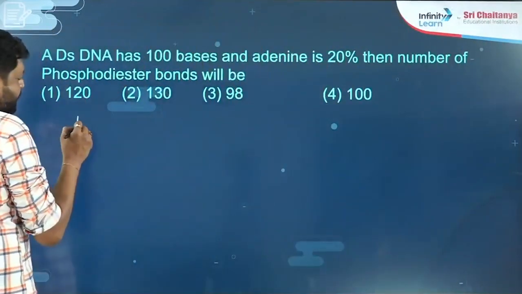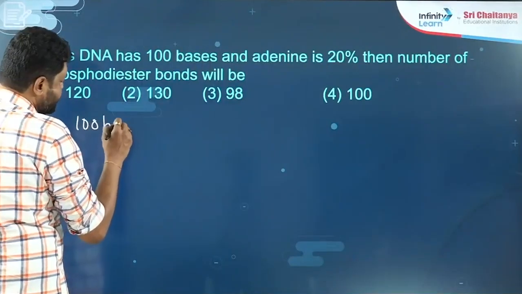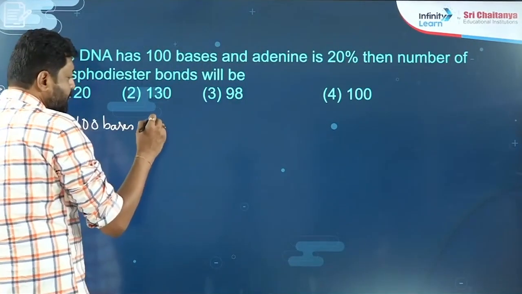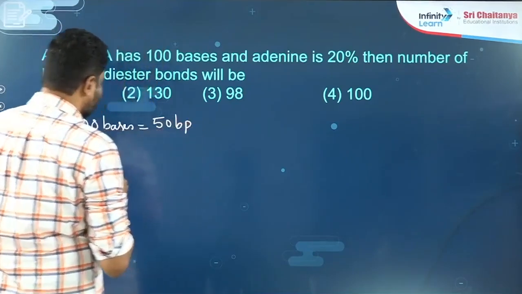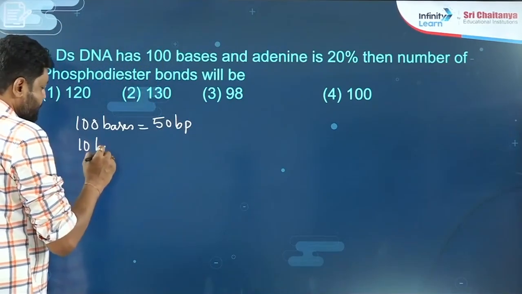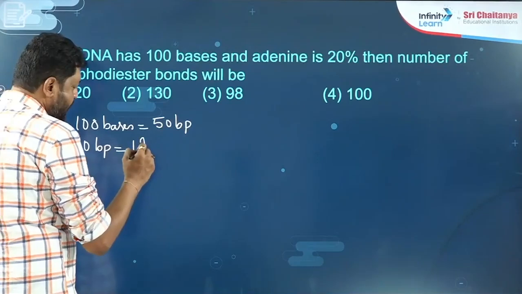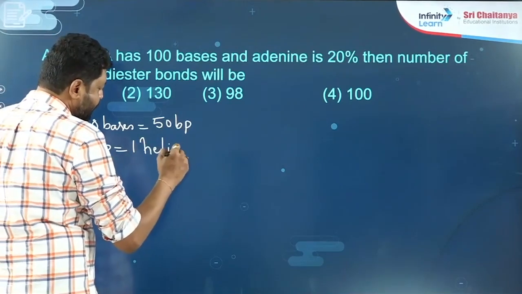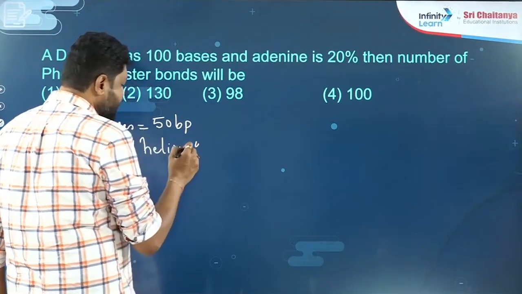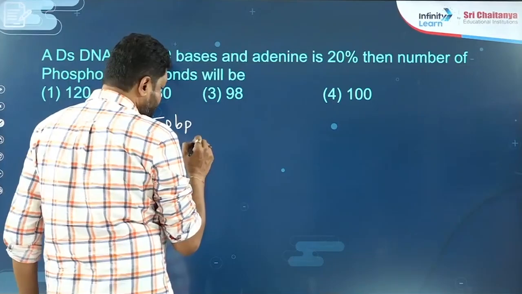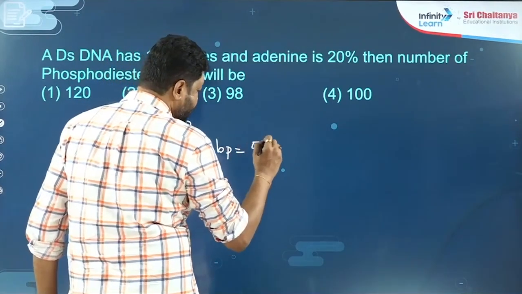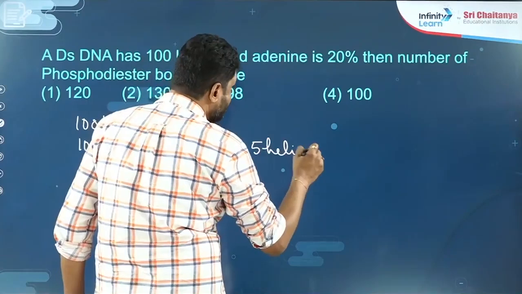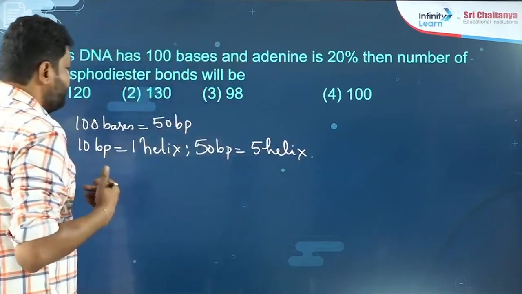Then have a look here. 100 bases is equal to 50 base pairs. 10 base pairs is equal to 1 helix. Then 50 base pairs is equal to 5 helices.